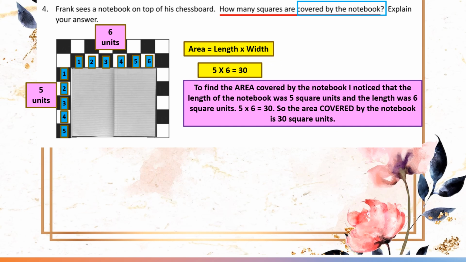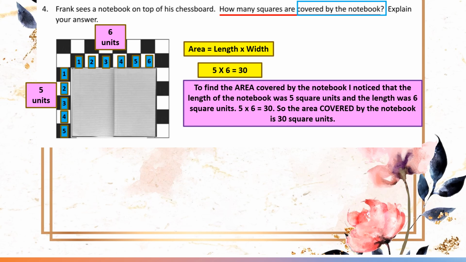So that means that to find the area covered by the notebook, in your description, you write, I noticed that the length of the notebook was 5 square units and the width was 6 square units. 5 times 6 equals 30.